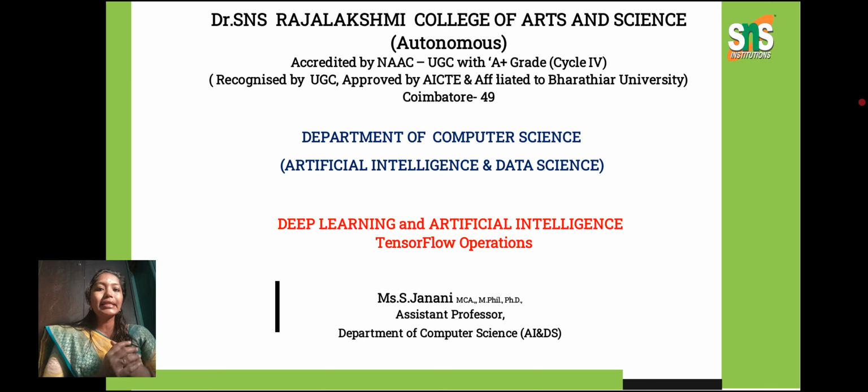We have already seen which tasks we use it for: training datasets, training neural networks, data pre-processing, or prediction. That is the purpose for which we are using TensorFlow operations.